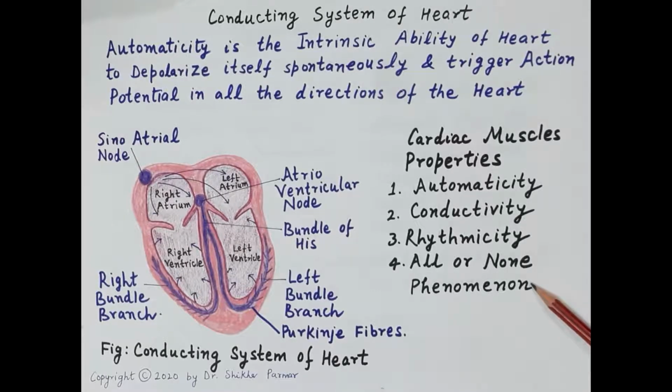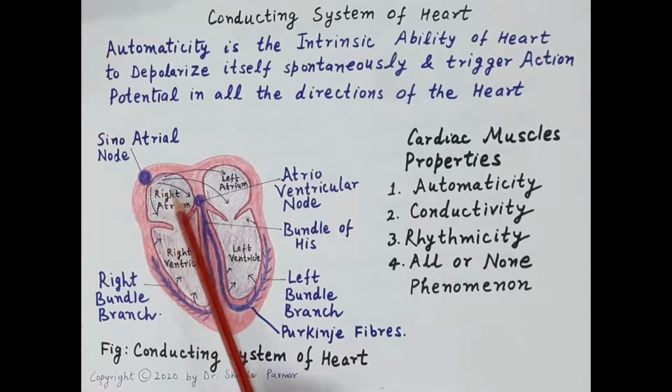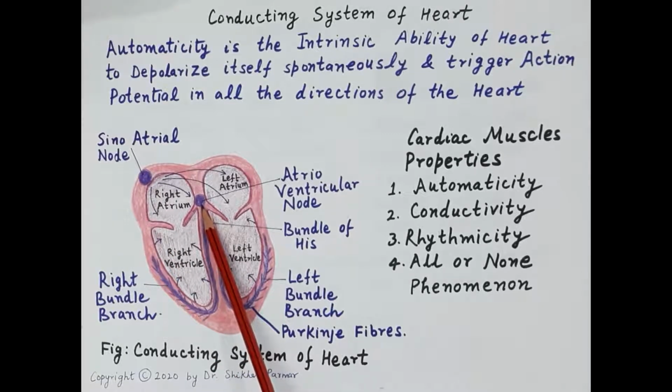A single impulse generated by the SA node travels to the atrioventricular node, and the same impulse travels to the apex of the heart, resulting in the coordinated pump activity of the entire heart.